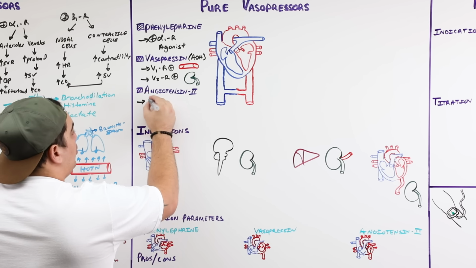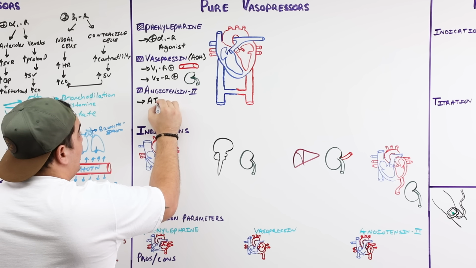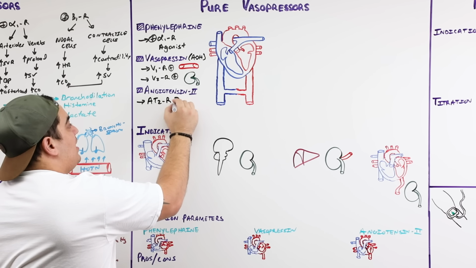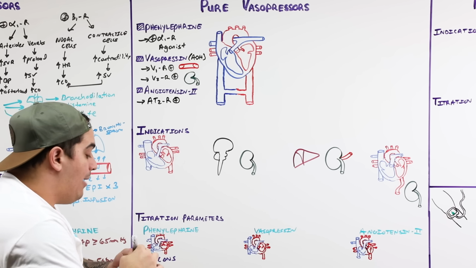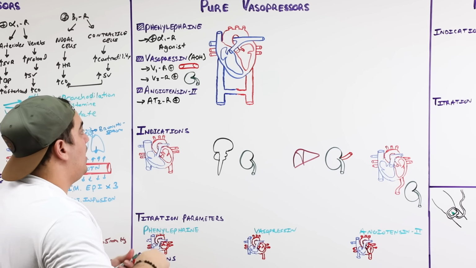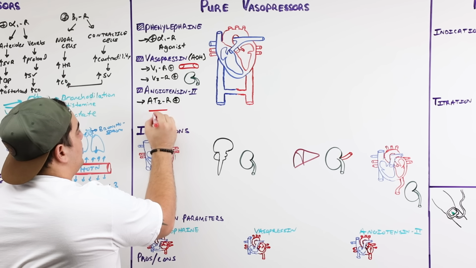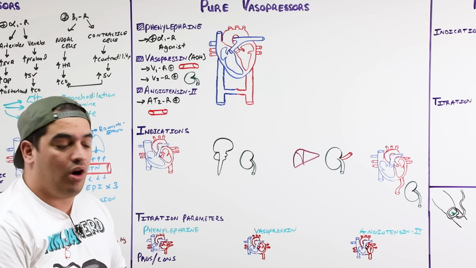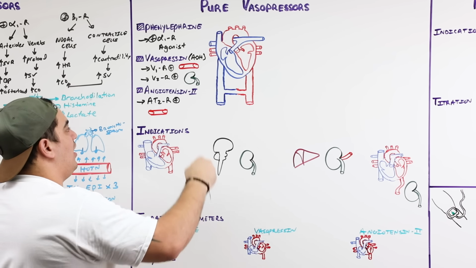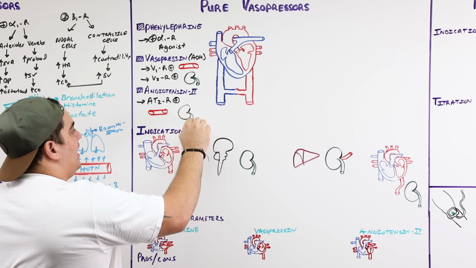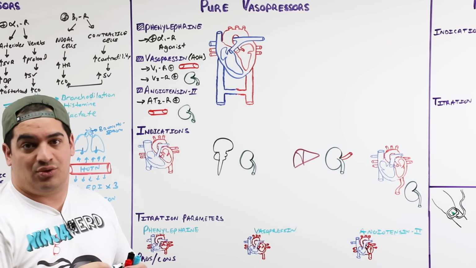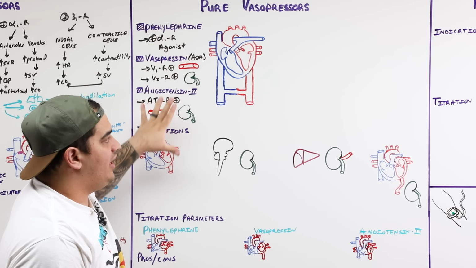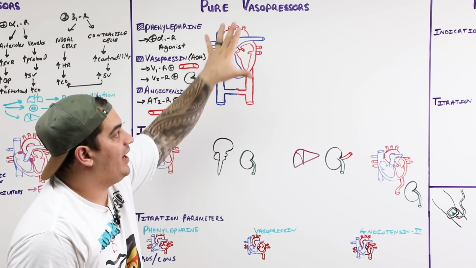Angiotensin-II primarily works through the angiotensin-II receptors, primarily on arterioles. When it works on these systemic arterioles, it causes them to clamp down very hard, but it also works on the vessels in the kidney, and we'll talk about that as well. So we have a good idea about these three types of pure vasopressors.